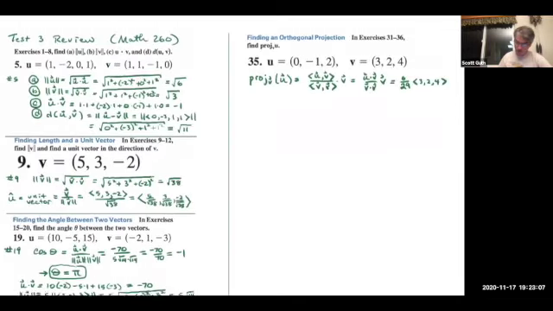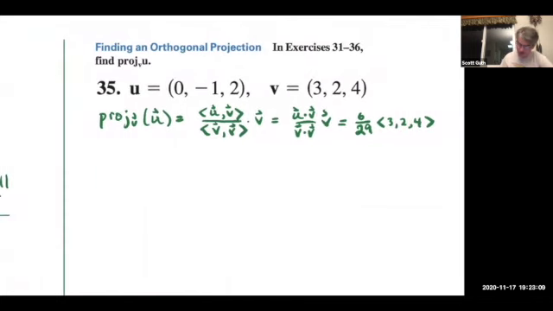If you want, you could distribute that through and just say 18 over 29, 12 over 29, and 24 over 29 is that projection. And that looks good.